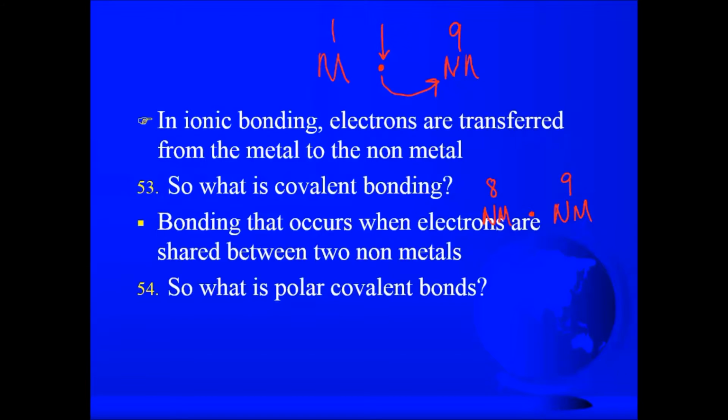So what is a polar covalent? Let's make things a little more difficult. A 7. So she's not as pretty as Haley, but she's still, in the grand scheme of things, pretty. Do you want to be shared equally? That means 3.5 days for Haley, 3.5 days for the number 7.